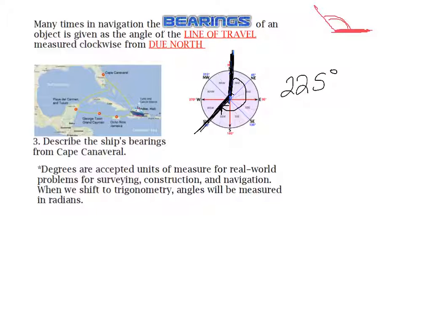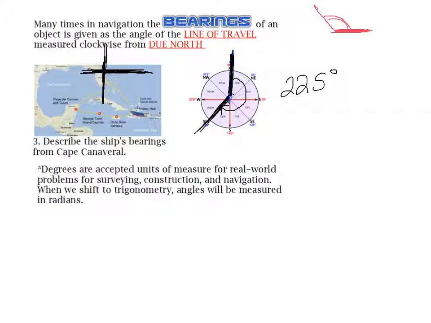Let's try this number 3 here that I have. It says, describe the ship's bearings from Cape Canaveral. Cape Canaveral is up here, so this is where I'm traveling from, so I put my little compass rose here, and maybe I need to make that a little bit bigger.